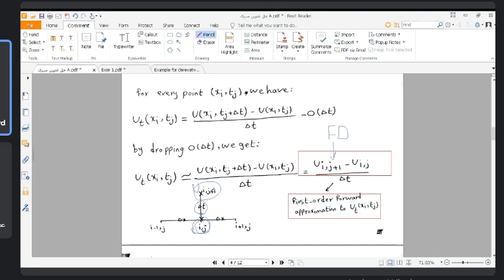u at i and j plus 1 minus u_{ij} over delta t. Delta t is the distance between 2 points. Okay?